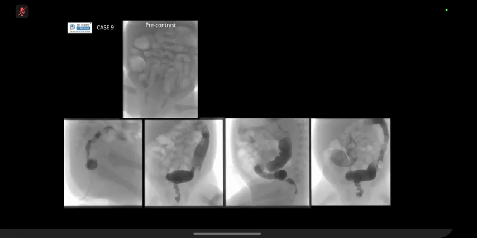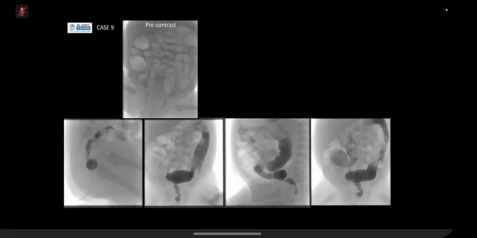Okay, again, the pre-contrast shows dilated loops of bowel, and then the lower GI contrast study. I can see that the contrast is within the descending colon and the rectum, but I'm not sure where it goes after that.